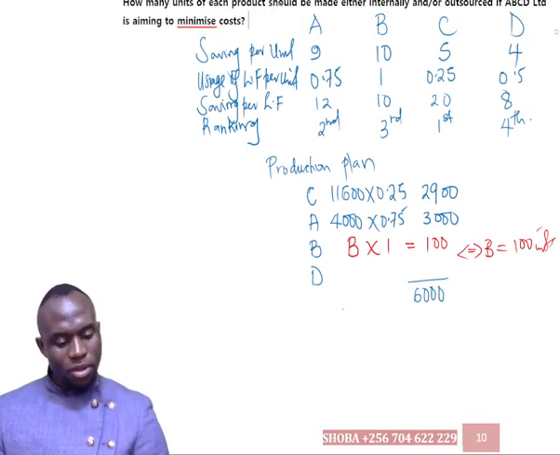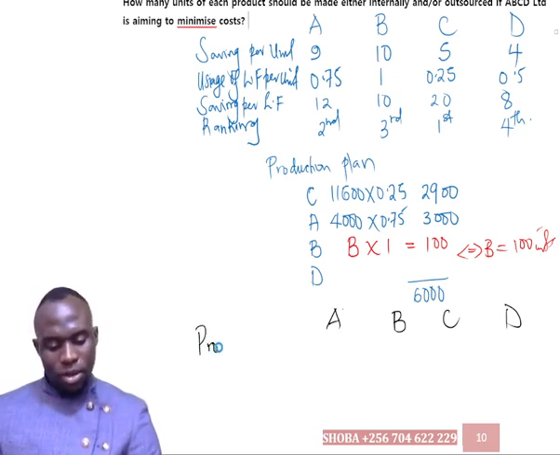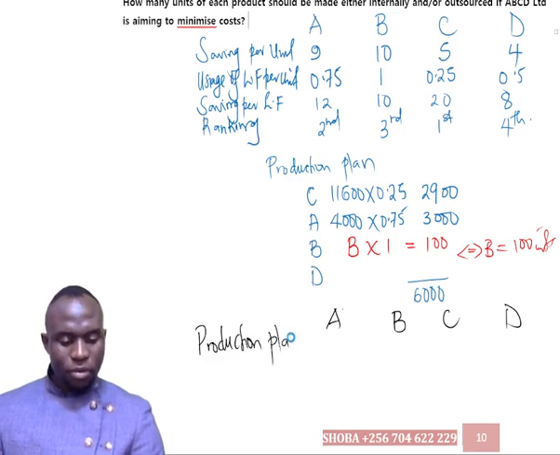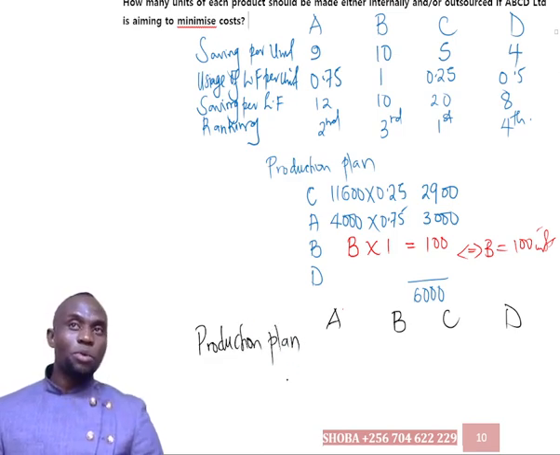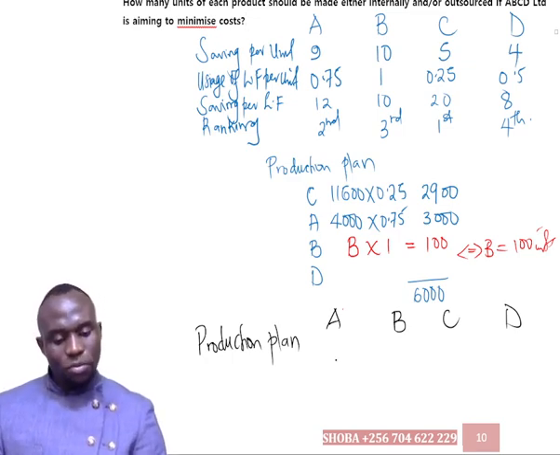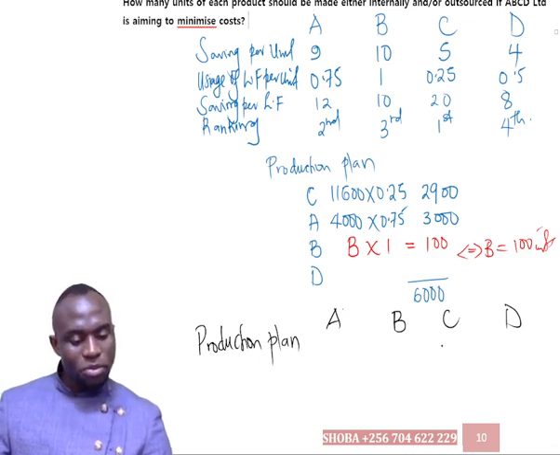So what is the production plan? So be careful here, we are producing 4 products, A, B, C, and D. And how are we producing? So this is the production plan. You produce where you save the most, and you have to produce product C. So how many units of C are we producing?